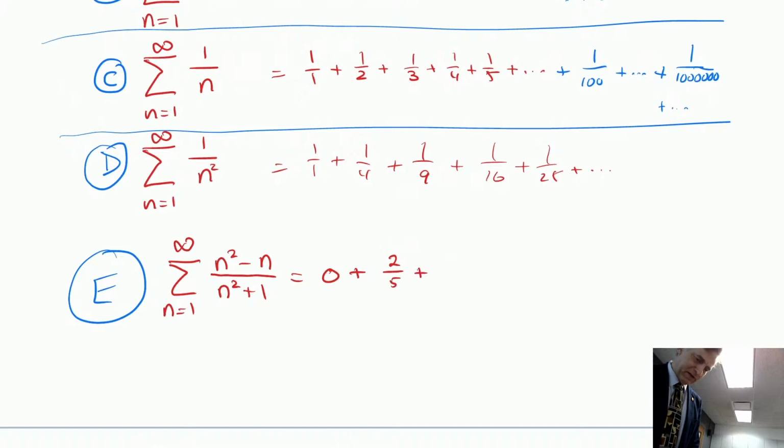And then the next one is going to be 6/8. This is when I plug 1 into this. This is what I get when I plug 2 into this. 3. And then let's do one more number, and then we'll put some dots. So if I plug 4 into this, I get 12/15. And then I'll put some dots. So take a guess about letter E. Does E converge or diverge?